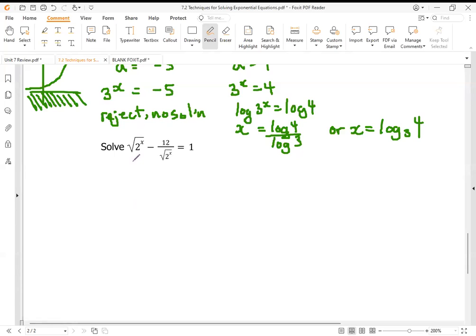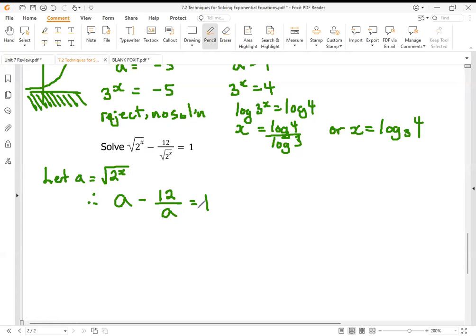So obviously the daunting part is a square root. Even the 2x, sure, that's a little annoying, but now there's a square root to it. That's okay. I'm going to replace that entire thing because it seems common. Therefore, I have a minus 12 over a equals.